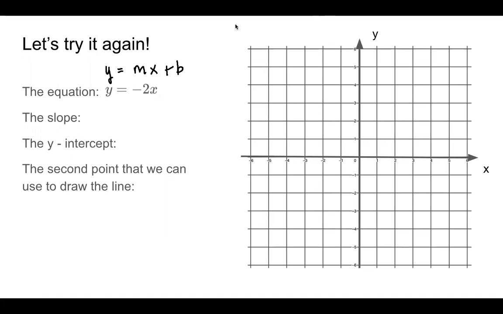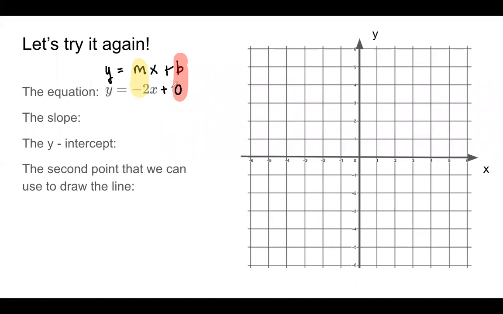So the slope is m. So m is whatever number is multiplied times x. So m is negative 2. That is our slope. Our y-intercept is our constant term. And can you guys see that that is missing in our equation? It has not been written down. The only reason they would not write it is if it was a 0.